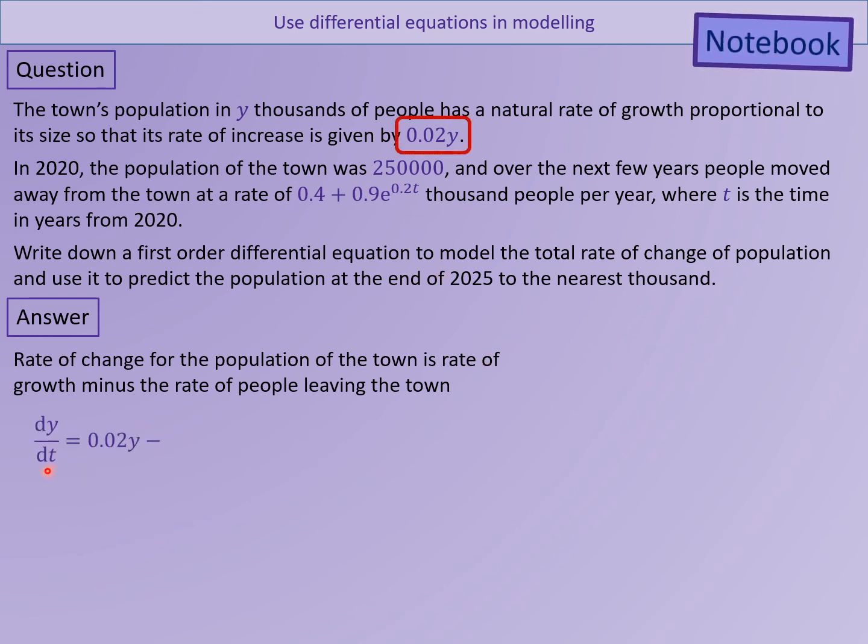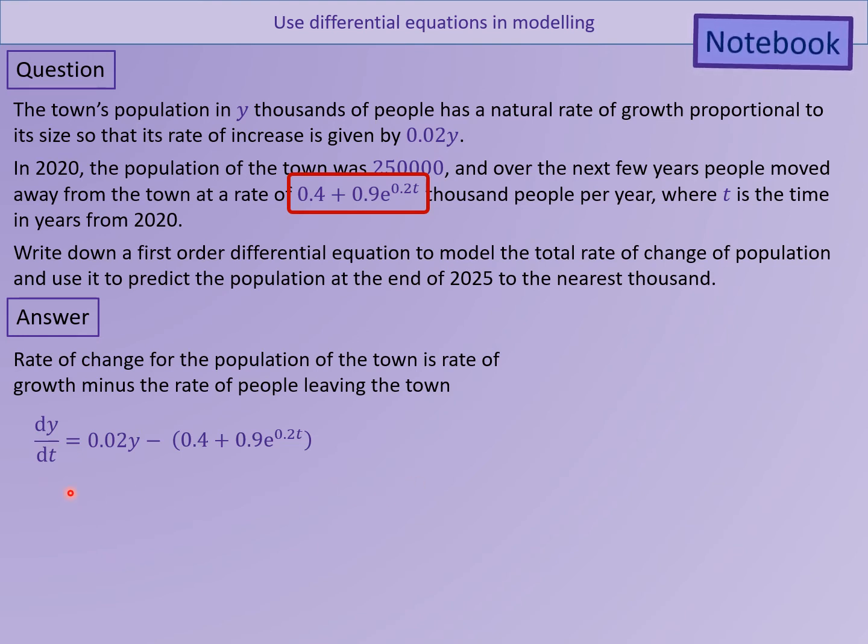So I know that the rate of change of my town's population over time is equal to 0.02y minus what's going away from the town, which is 0.4 plus 0.9 e to 0.2t. Just be very wary about making a silly negative sign error on that. So there we go. I've got my equation all set up, my differential equation.